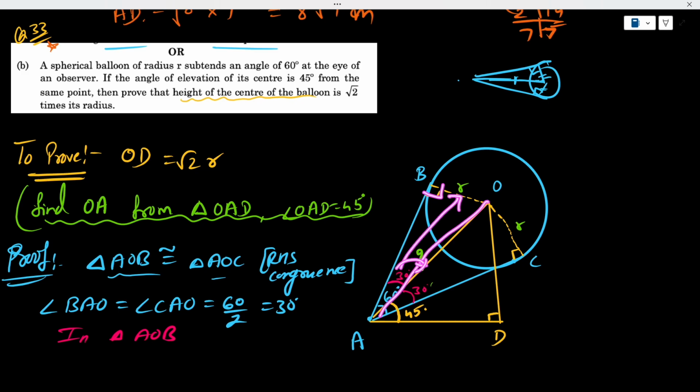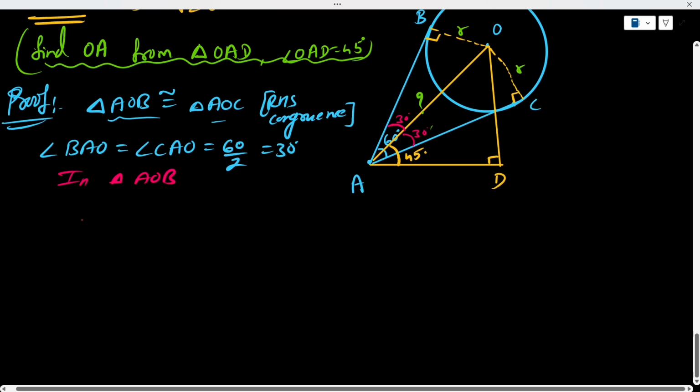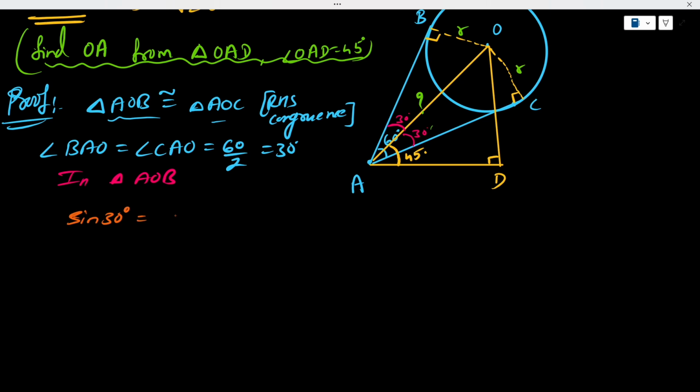So opposite by hypotenuse is sine. So cut over rule, sine is O by H, right? So here in triangle OAB, I can write sine 30 degree will be equal to opposite OB, which is R, by hypotenuse OA, right?